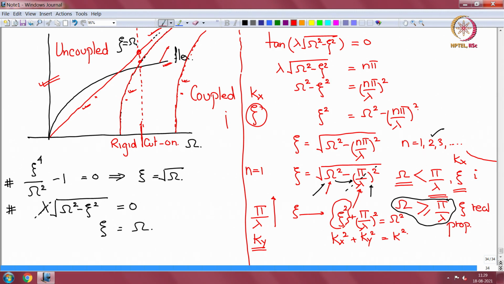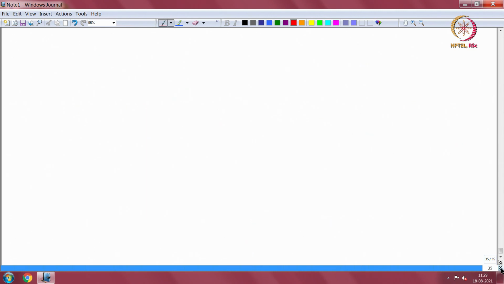Okay. So, these are the three types of waves that exist. The red ones are the fluid waves, the black one is the plate wave. Okay. Now, in the next picture I will give you an idea here of what is going to happen.